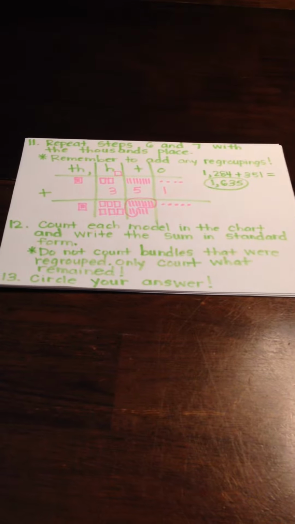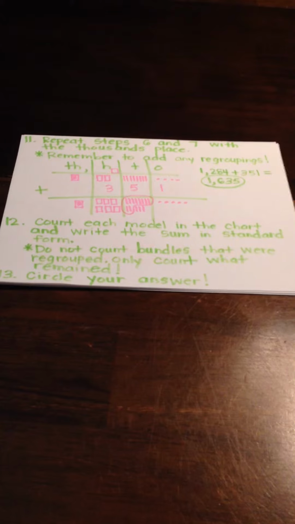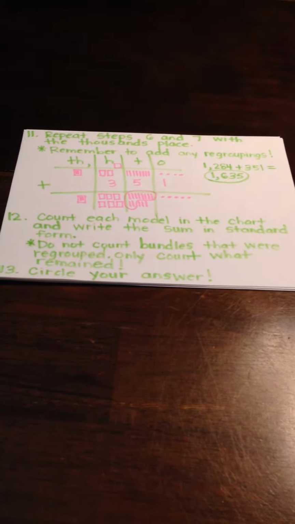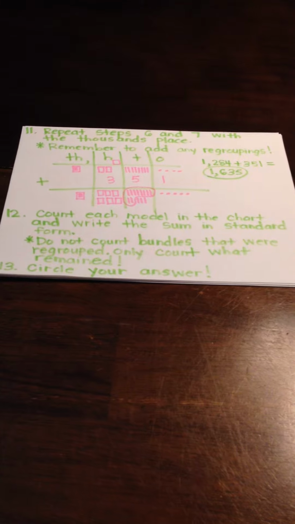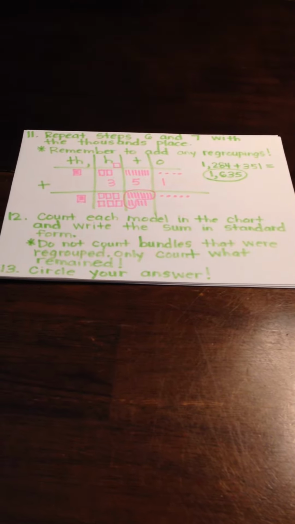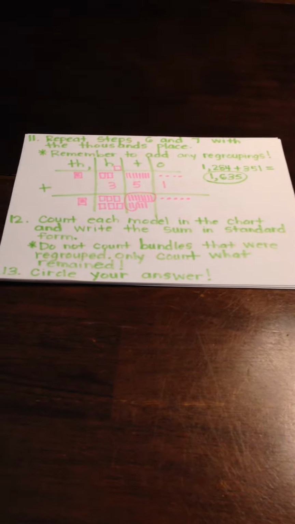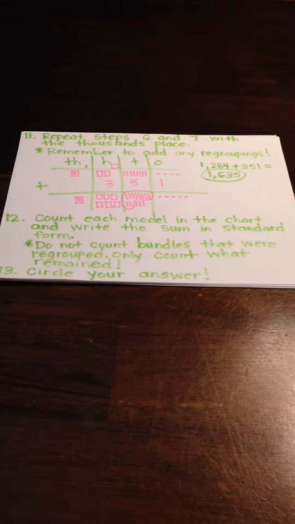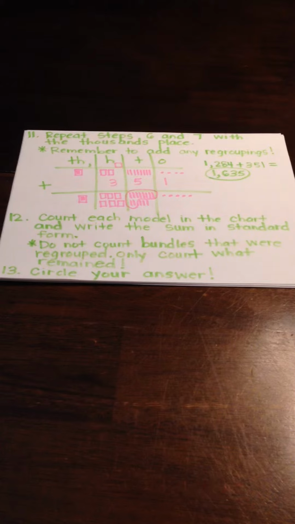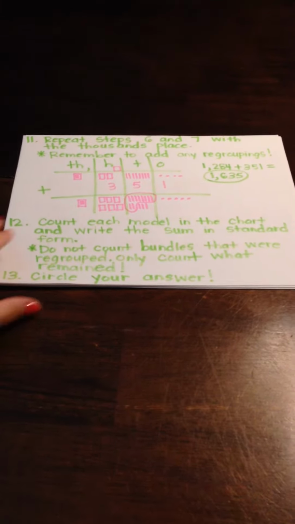And in the thousands place, I have 1 square with 1 square on the inside. Remember not to count any bundles that were regrouped. You only count what is remaining. My answer is 1,635. Always make sure to circle your answer.